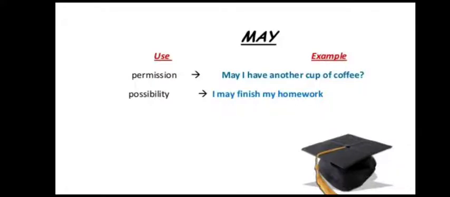Can and could are used for informal lifestyle, and may is used for formal lifestyle. For example, for taking permission, may I have another cup of coffee? Possibility, I may finish my homework. So these were the two examples to explain the uses of the word may.